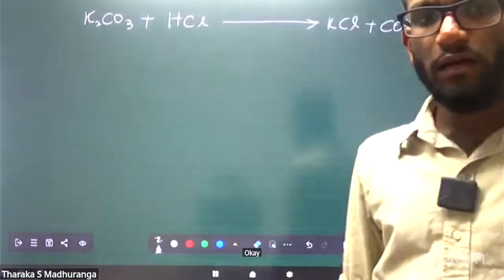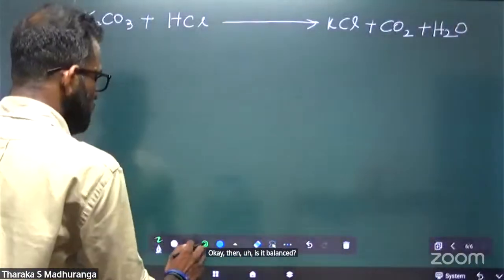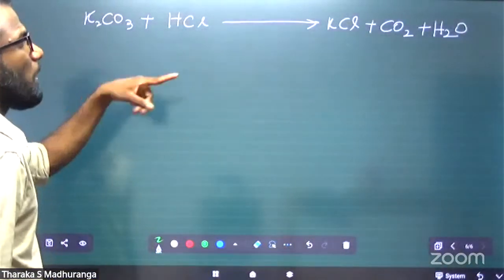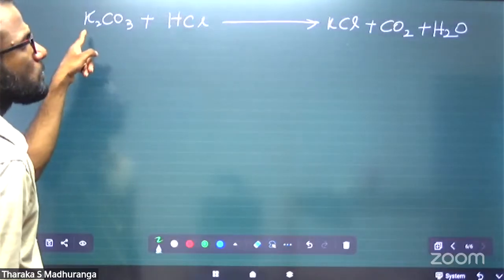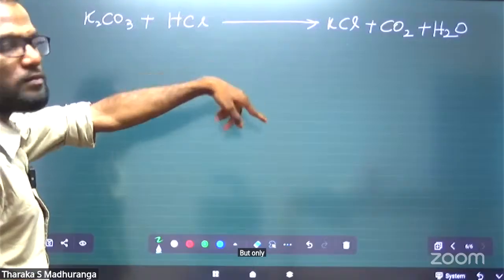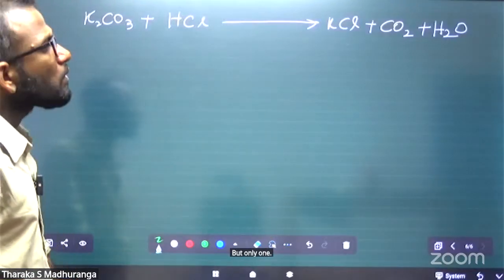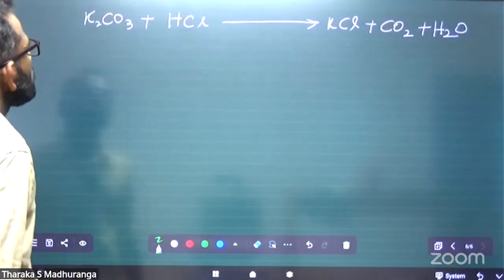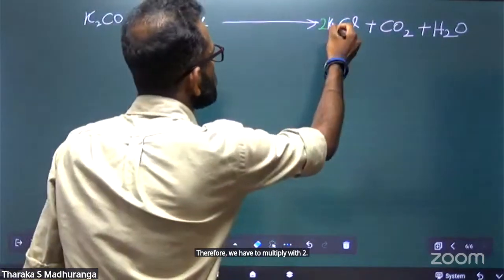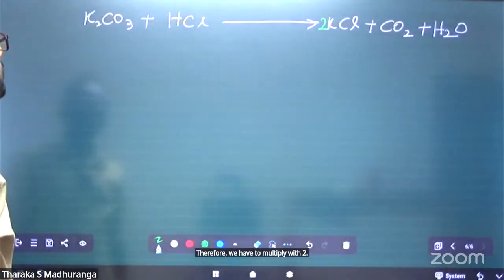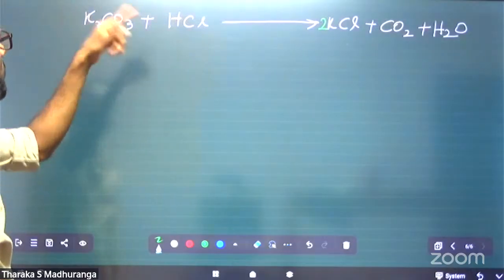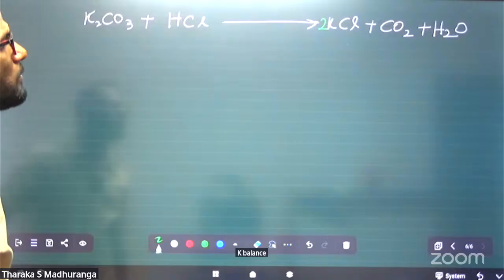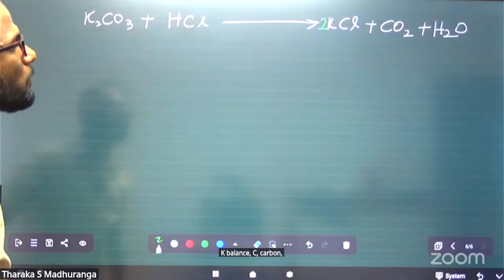Okay, then is it balanced? K2, but only one. Therefore, we have to multiply with 2. K balance, carbon only one, correct.